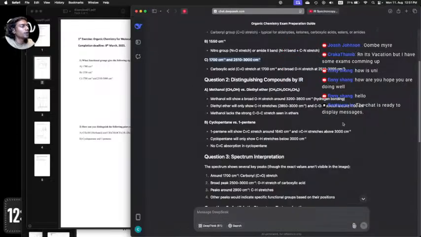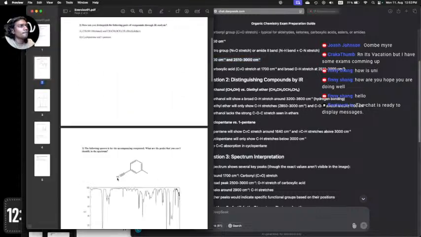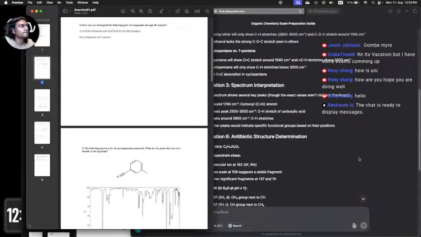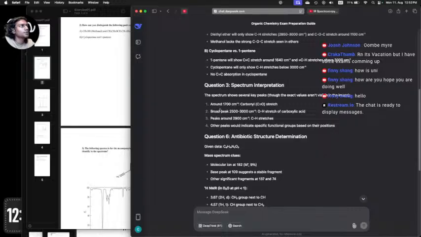Distinguish compounds by IR, methanol and diethyl ether. Can you see the question 3? The spectrum shows several key peaks though the exact values are not visible in the image.